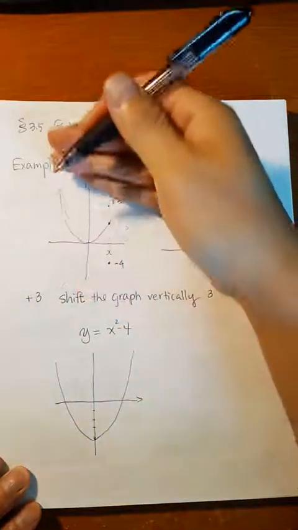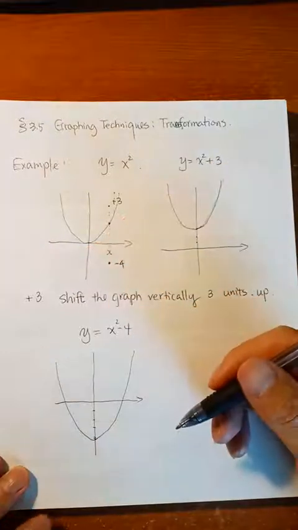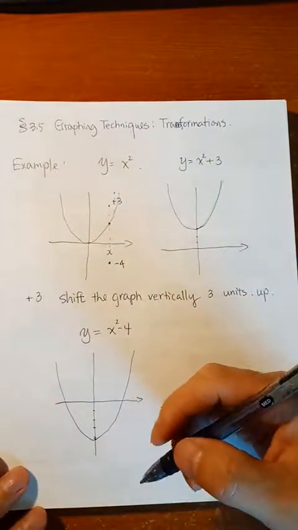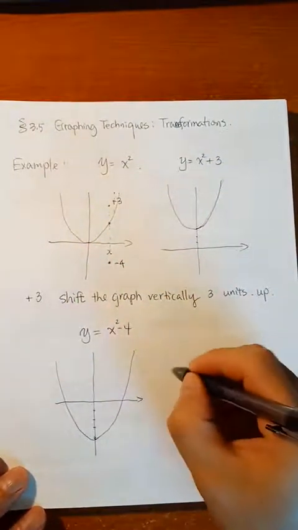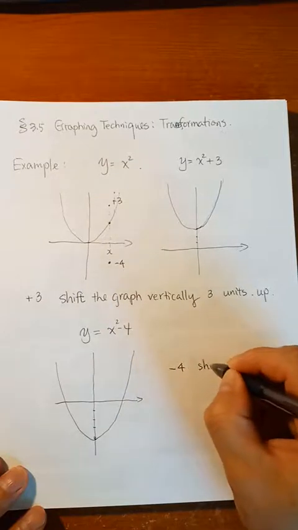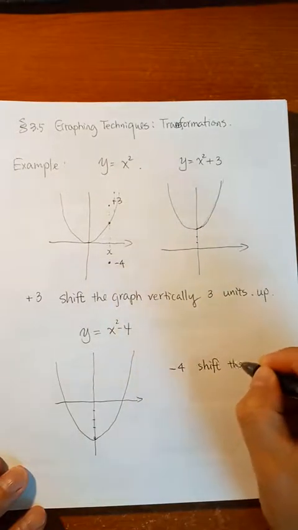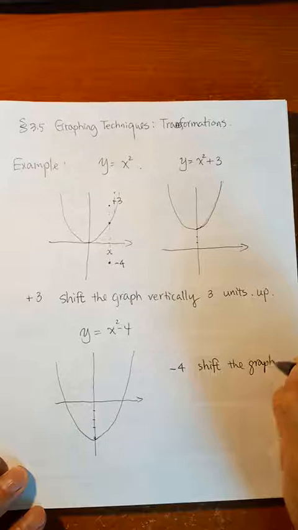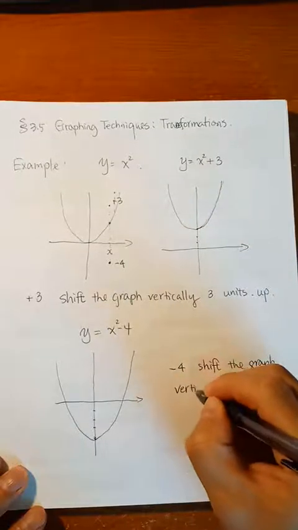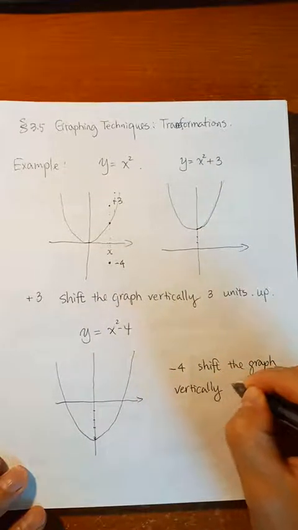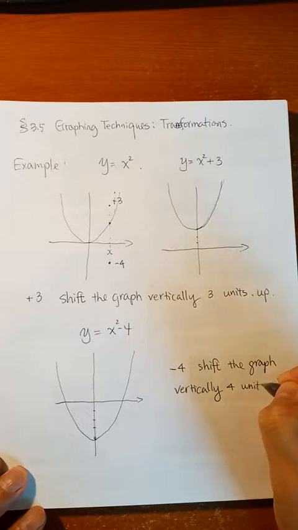Just push or shift the graph of y equal to x squared vertically down 4 units. So minus 4, shift the graph vertically 4 units down.